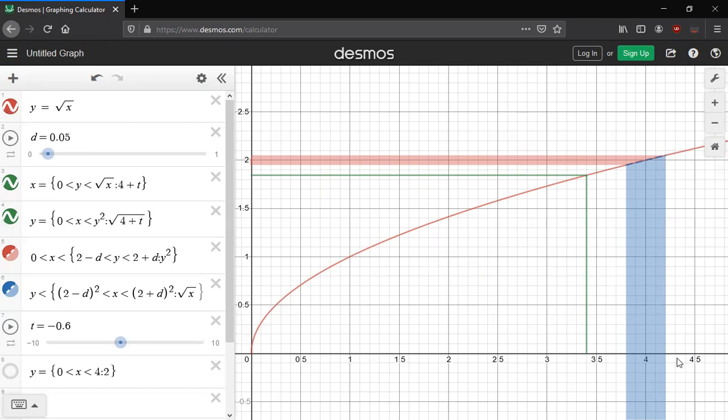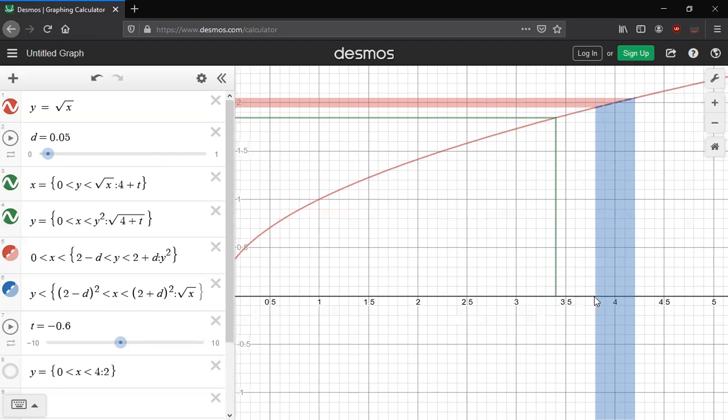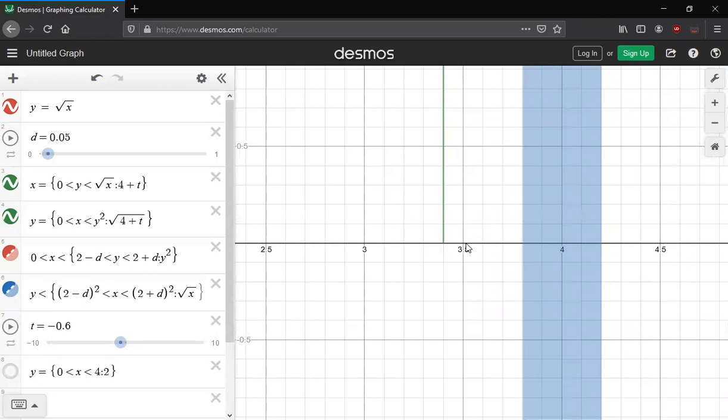And I have projected down onto the x-axis to say that if you want to be within 0.05 of the limit of the coordinate 2, then the x value has to be close enough to the coordinate 4. And what is close enough here? Well, looks like this is 3.5, 3.6, 3.7, 3.8. Yep. So the smallest x can be here would be 3.8. The largest x could be here is 4.2, looks like.